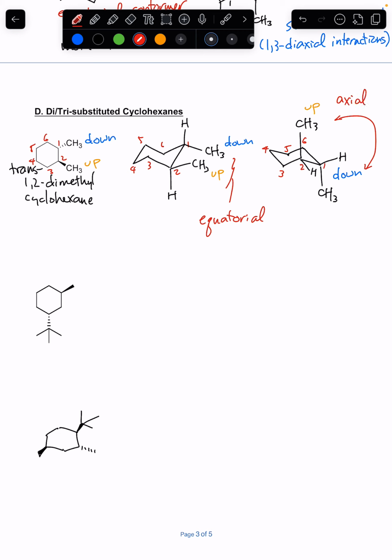And remember that means both of these experience the 1,3-diaxial interactions, which create steric hindrance. And so for that reason, this second chair conformation is highly disfavored. And so for that reason, the left conformer should be heavily preferred. Okay, so this is preferred.